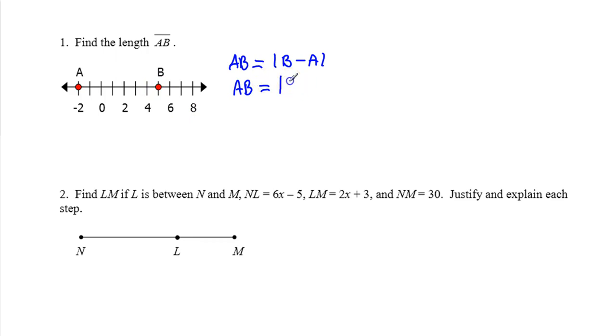Well, what's B? B is 5, and A is -2. Whenever you're subtracting a negative, if it's the second one, you should put it in its own set of parentheses. So subtracting a negative is like adding a positive. Absolute value of 5 plus 2. And so that's the absolute value of 7. So the length of AB here would be 7.